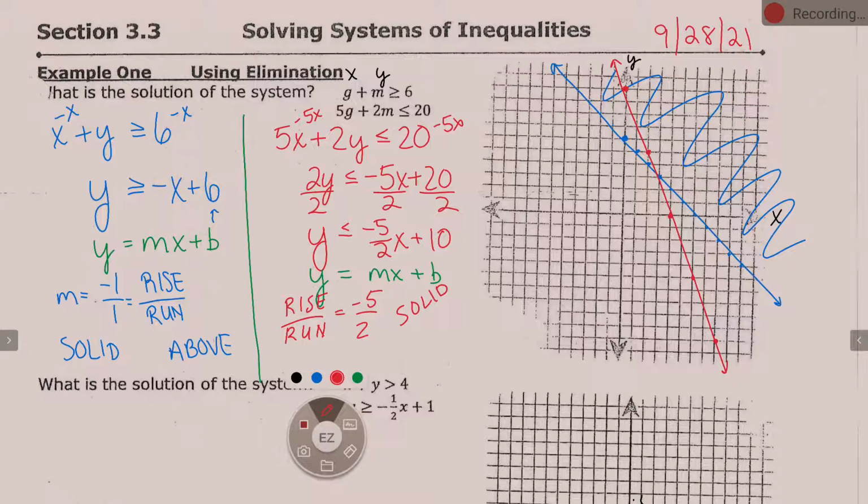What's my other question? Do I shade above or below? Below. This one, my sign was less than or equal to, so I'm shading below. Now, where's below this line? Happens to be the left here, doesn't it?